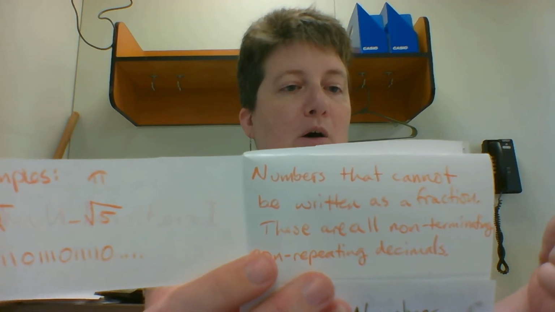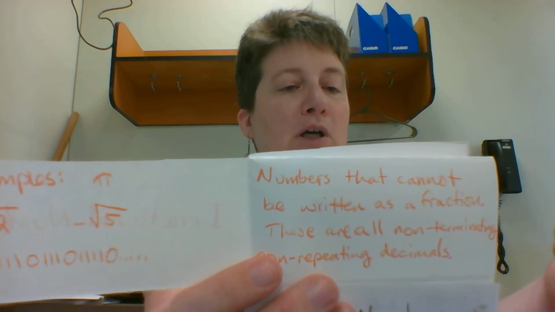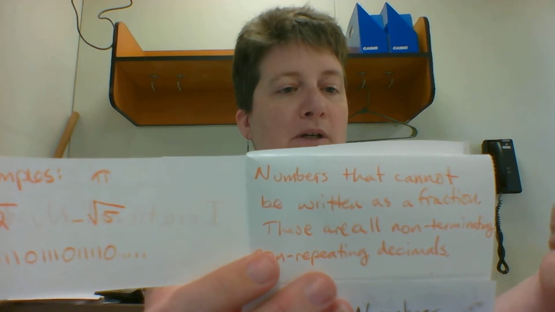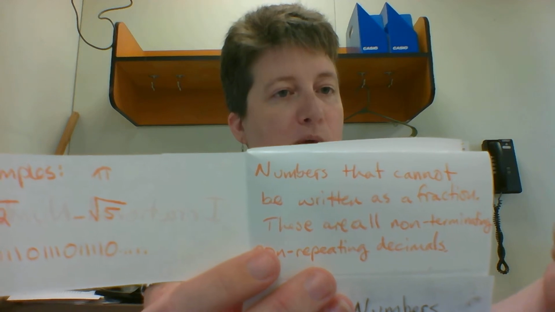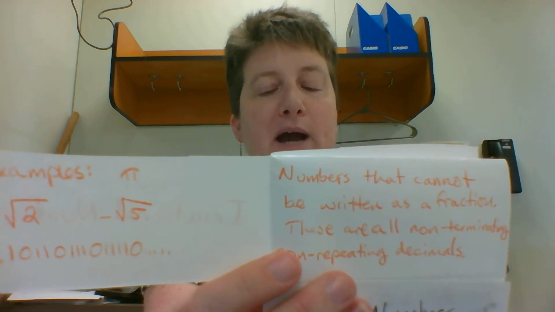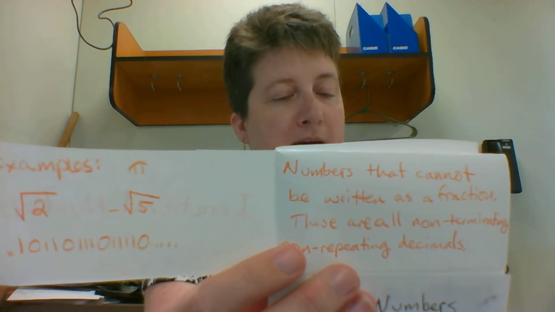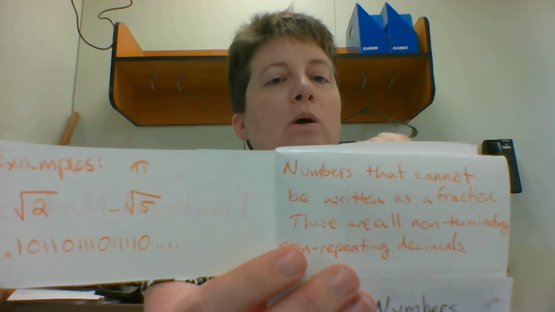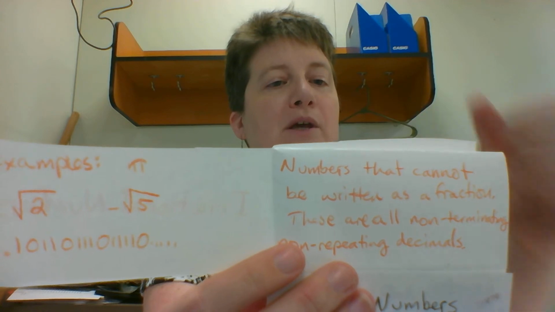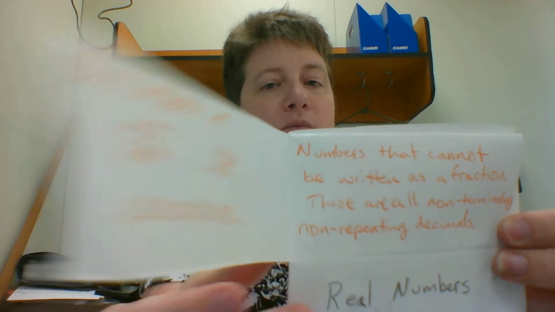We also know that any number that is the square root of a number that is not a perfect square is an irrational number. And when we practiced estimating irrational numbers, the numbers we were looking for were the square roots of numbers that are not perfect squares.